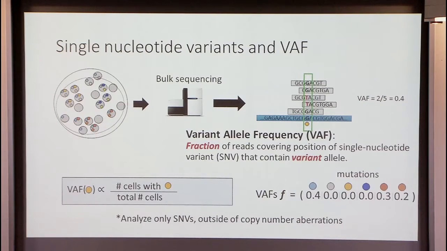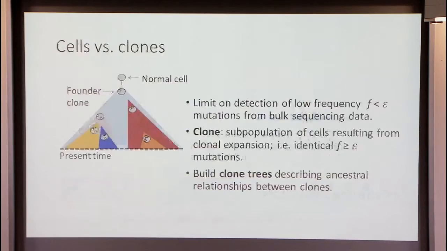So now we can think that our data is not mutation or no mutation in each sample. It's these frequencies. So we could attempt to use these frequencies to reconstruct our tree. Now, of course, there's going to be a loss of information in going from cells to what we can measure.